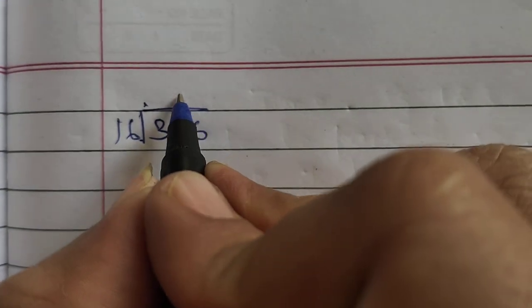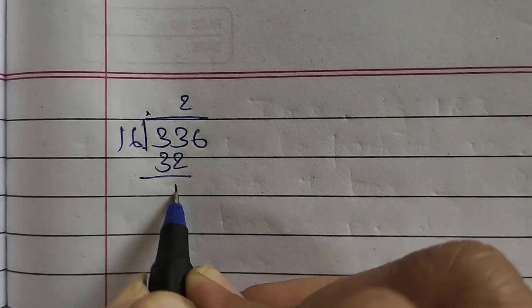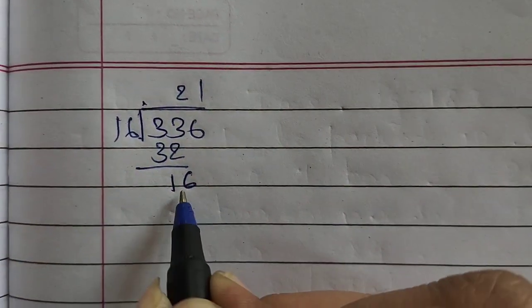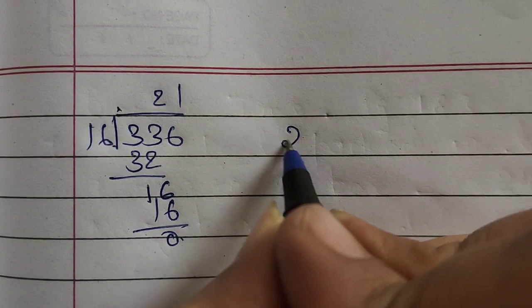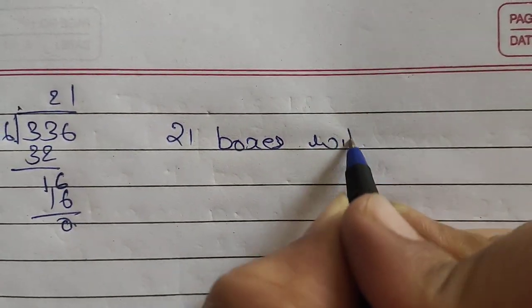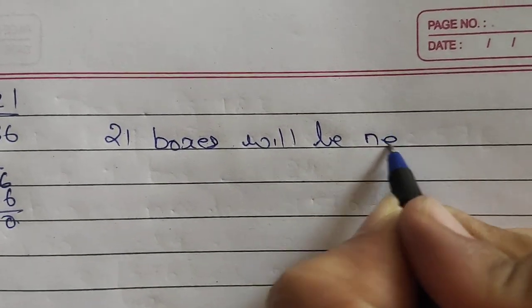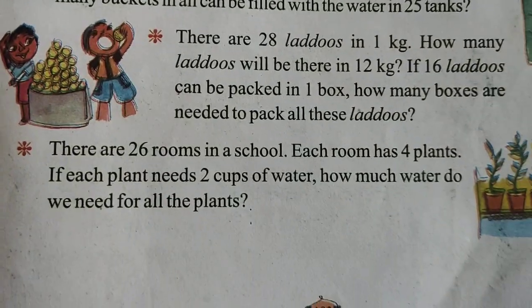Okay, 16 2s are 32, remaining 1, 16, 1 the 16, 0. So what we write? 21 boxes will be needed. Okay, now third sum.